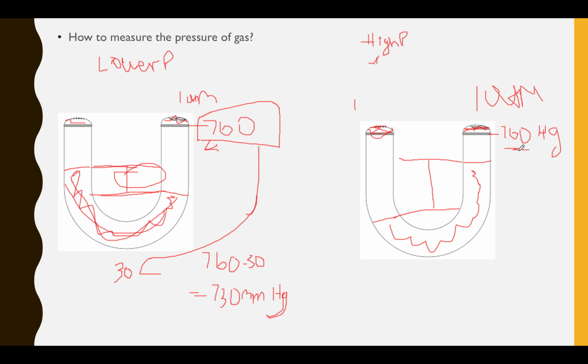Always remember 760, atmospheric pressure, ATM. And so we are going to find the difference in millimeters. The high pressure is 50 millimeters higher than the standard pressure. So this is going to be 50 right here.